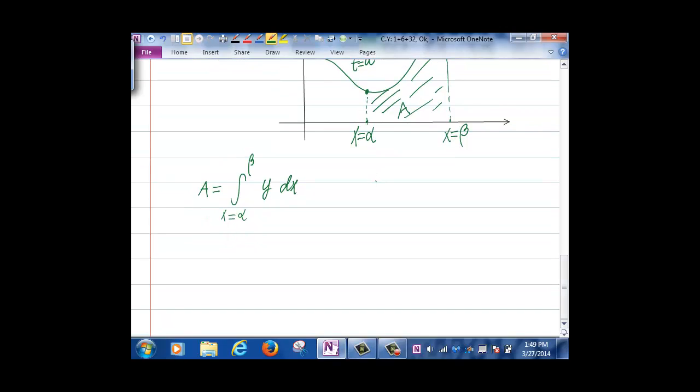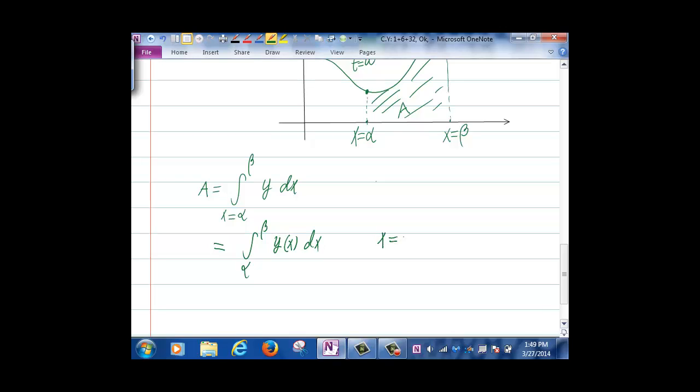We are going to replace x. Oh, by the way, this integral is from alpha to beta of y as a function of x dx. Now I'm going to make a substitution here.